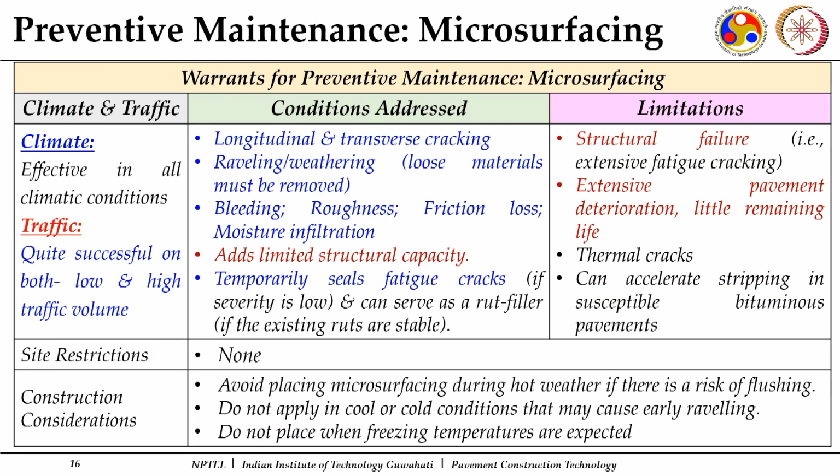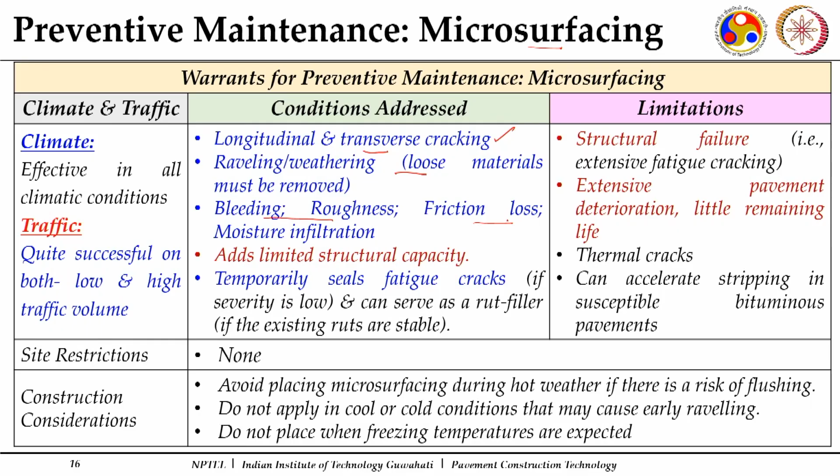The codal specification says it can help address longitudinal and transverse cracking, raveling, weathering, and even bleeding, where we can adjust the binder content a bit. Friction loss can also be addressed. Moisture infiltration can be reduced significantly, but it adds limited structural capacity because it is of a very low thickness, less than 10 mm.